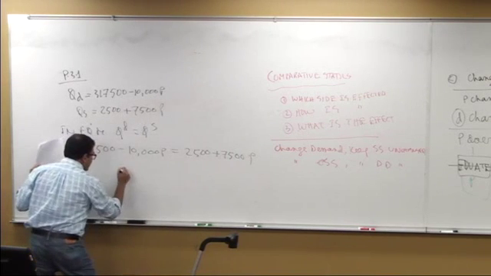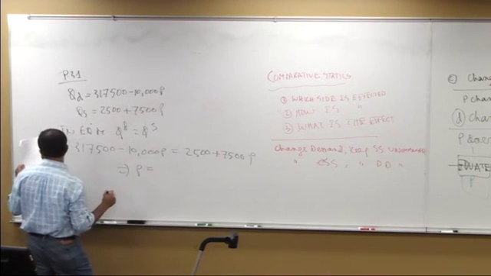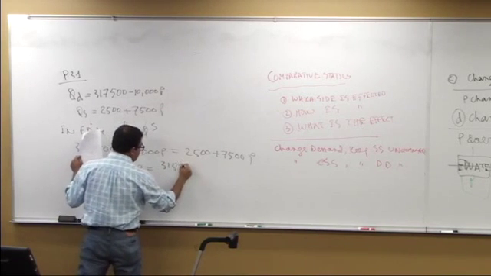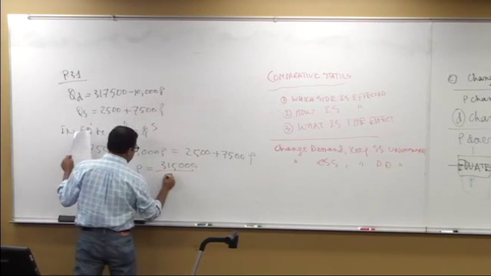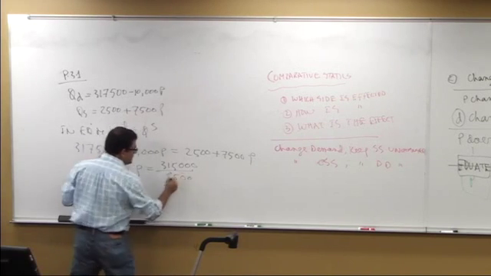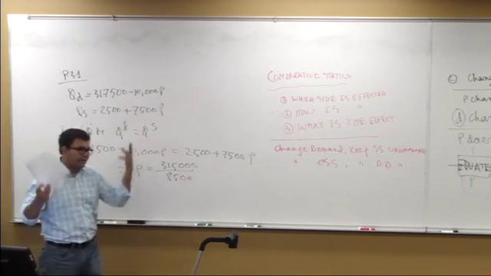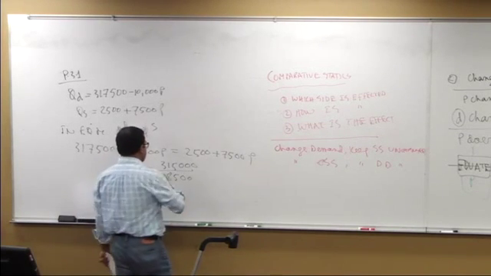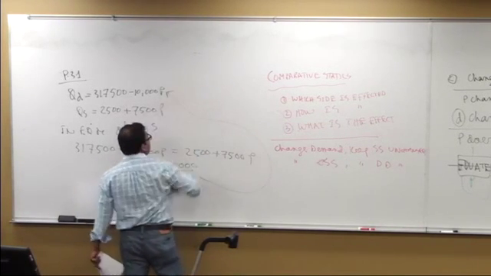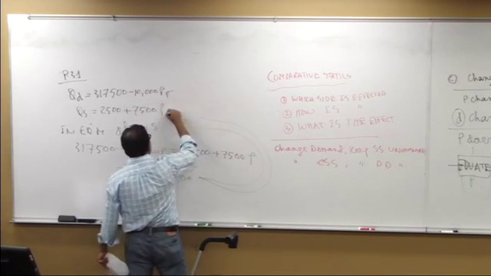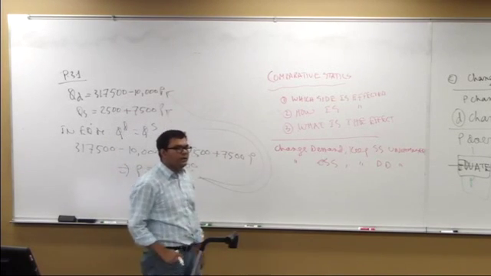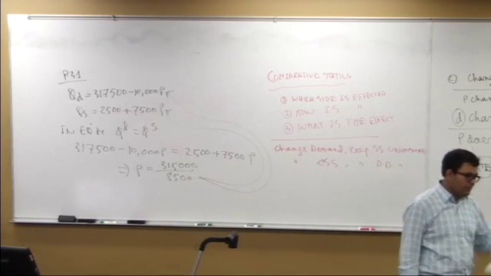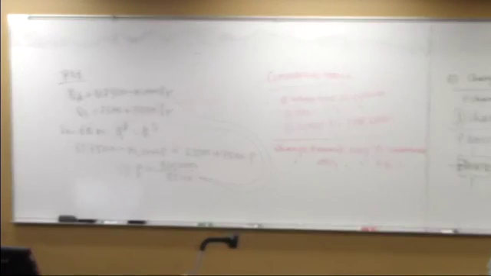And if you solve this, you are going to get a price which is going to be 315,000 divided by 85,000. I apologize, I was kind of lazy, I didn't calculate that because I don't have a calculator. But that will be your price. Once you get the equilibrium price, you can either plug it into the demand curve or into the supply curve. You will get your equilibrium quantity, because equilibrium quantity is the same for the demand curve and the supply curve. Okay.